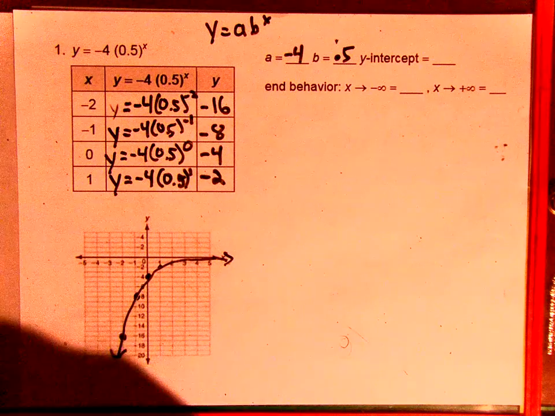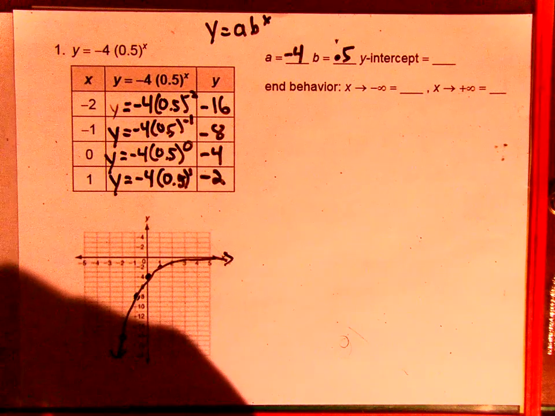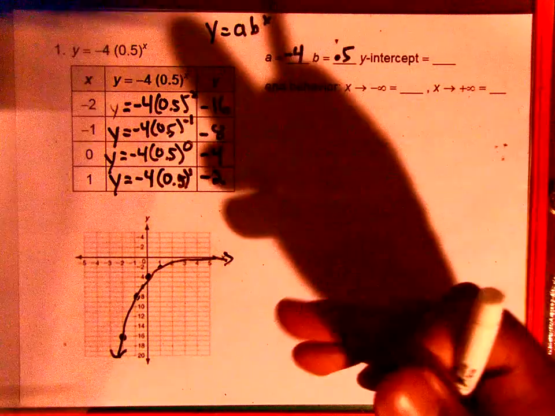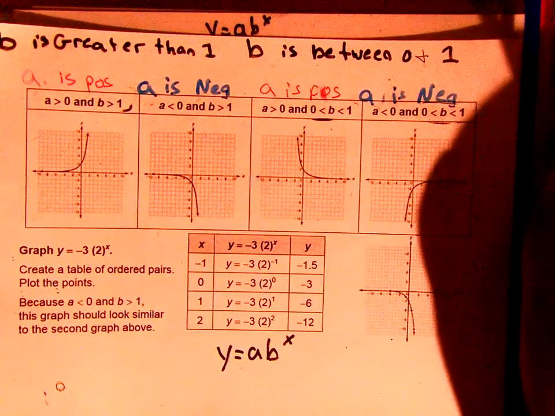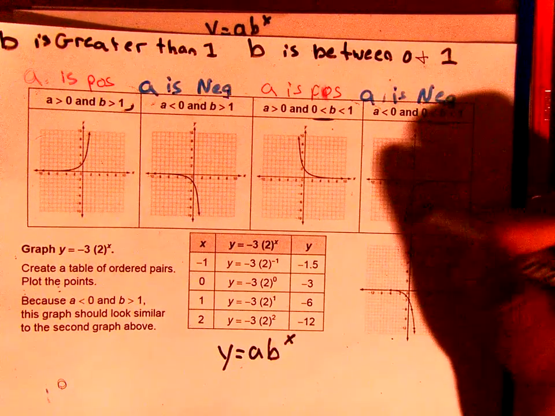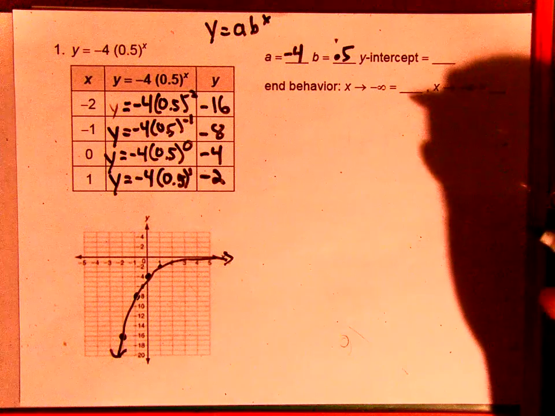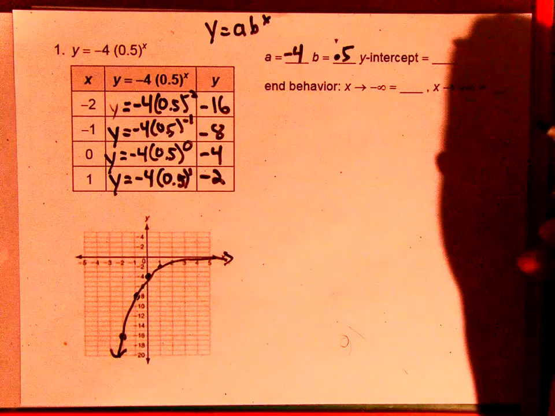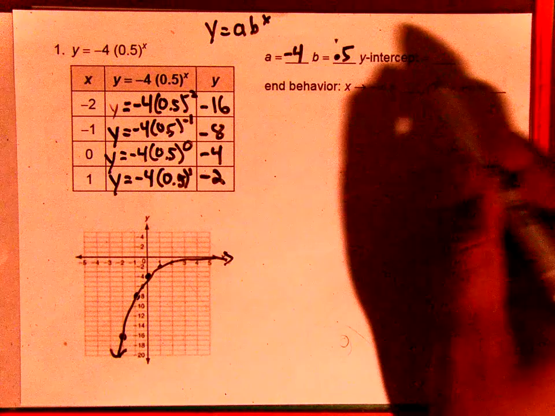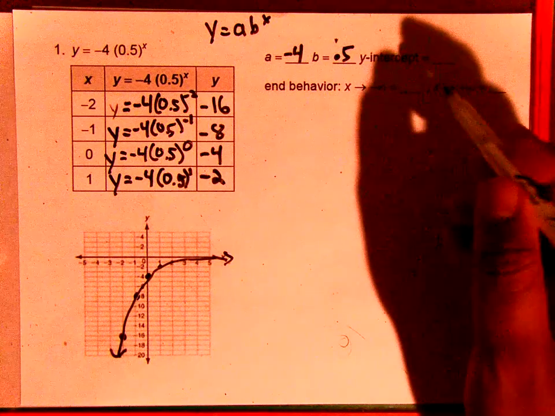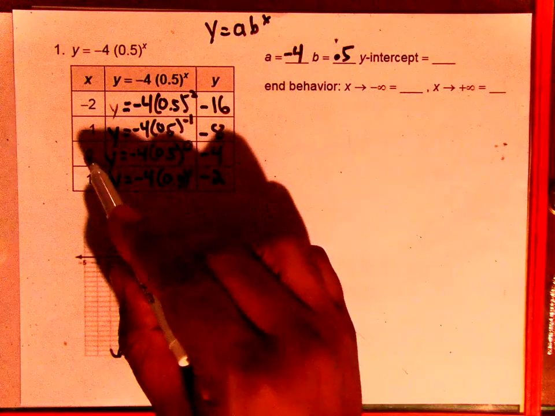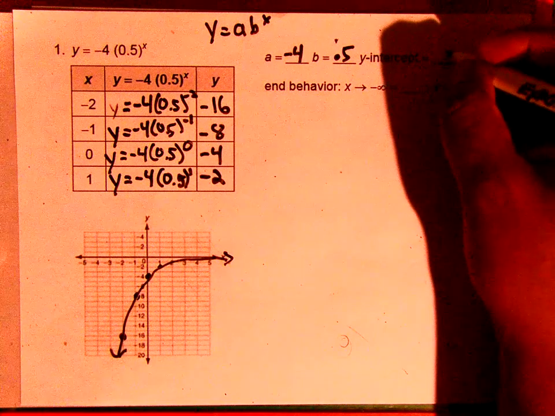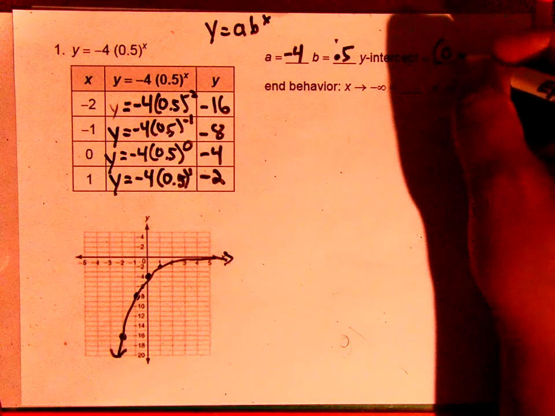If we look back, we see that the a is negative and the b is between 0 and 1, so that will leave this type of graph here. Now, the y-intercept. It's the same thing as with linear functions. Your y-intercept is, what is y when x is 0? Well, when x is 0, y is negative 4. So the y-intercept is (0, -4).